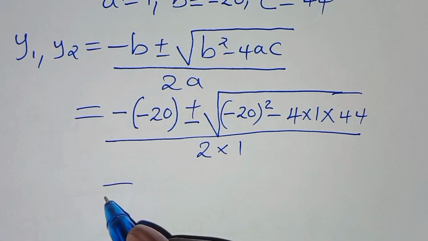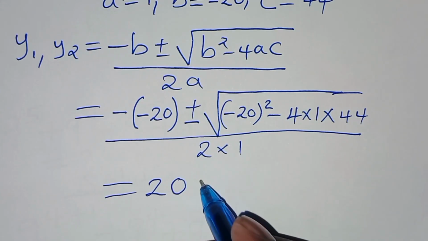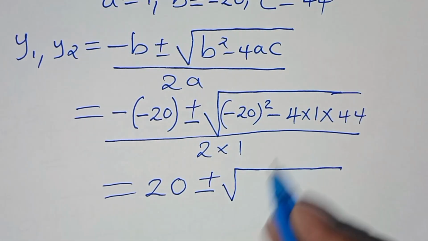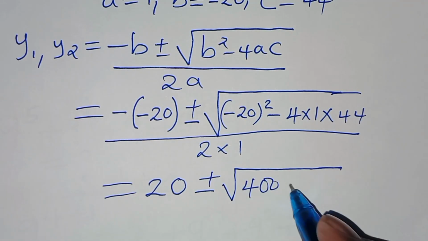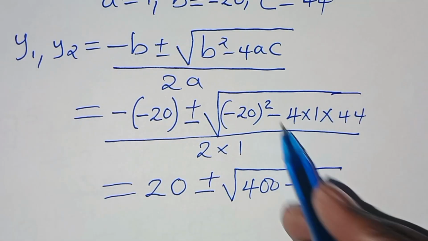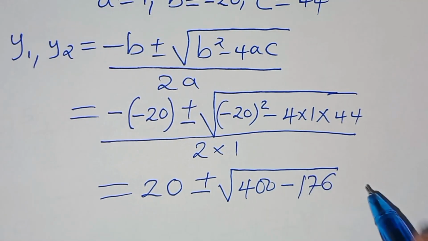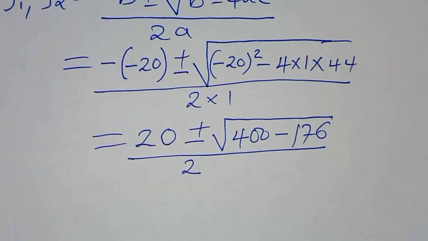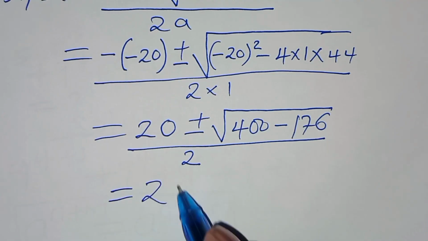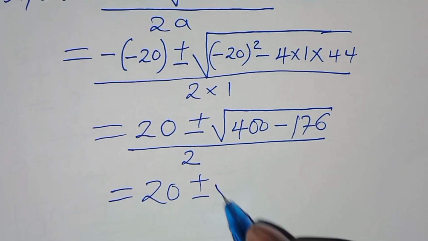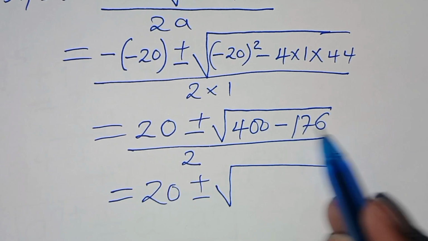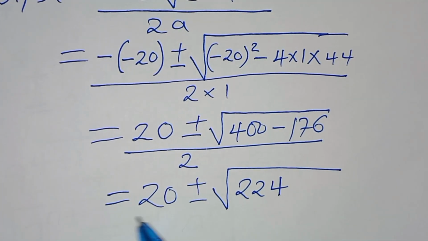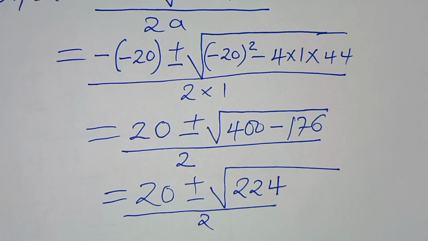So here we have minus times minus 20, this is 20, plus or minus the square root of negative 20 squared, this is 400, subtract 44 times 4, this is 176, all this divided by 2. The next step here, we have 20 plus or minus the square root of 400 minus 176, this is 224, divided by 2.